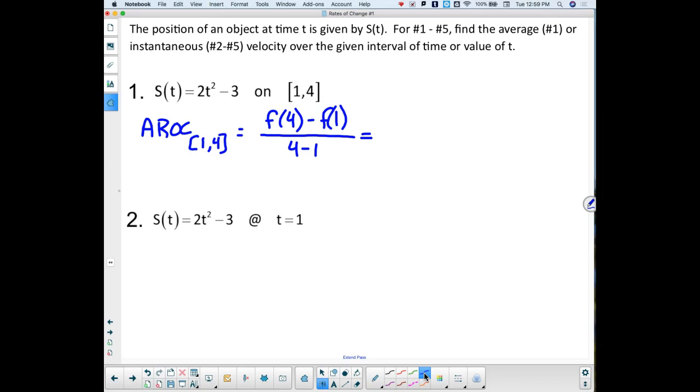F of 4 minus 3 is 29, yes. If I plug in 1 into my function, I get negative 1. So that's 30 over 3, which is an average of 10 meters per second. Yes? Okay. Love it.